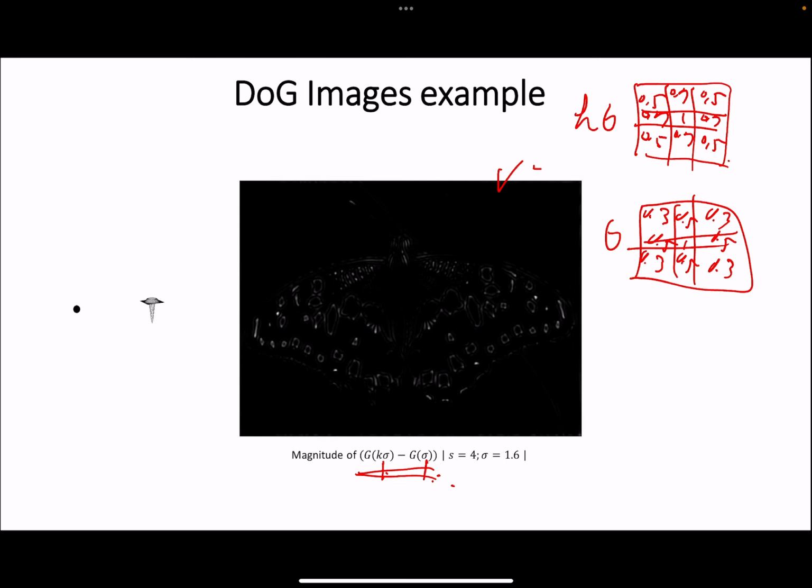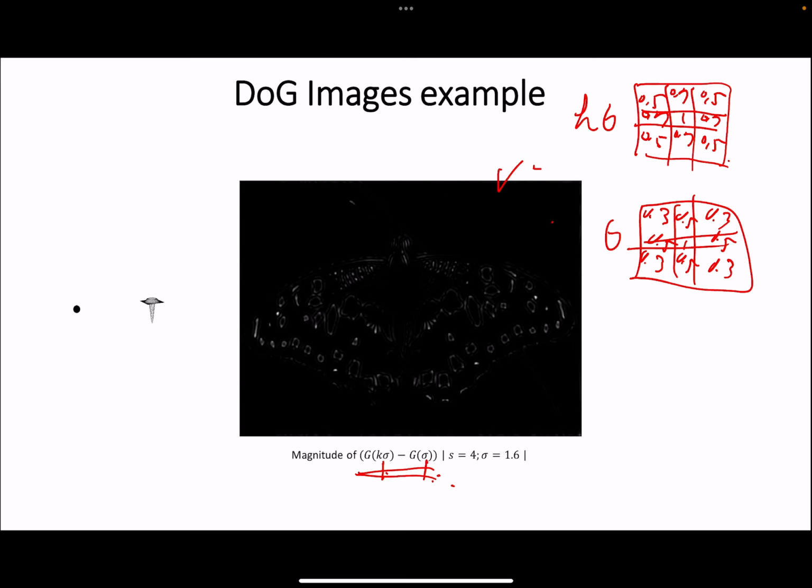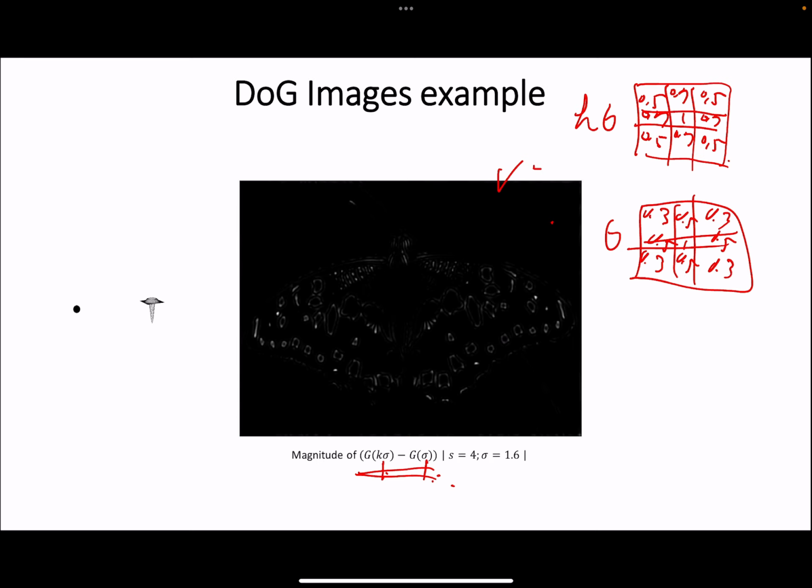This is a little bit interesting. This is the real original image, and this is the DOG. As you can see, the background pixels, pixels without distinctive texture patterns, do not have any activation, they are just black.